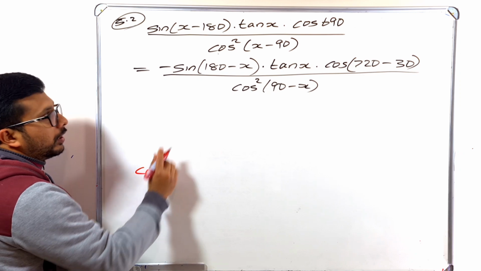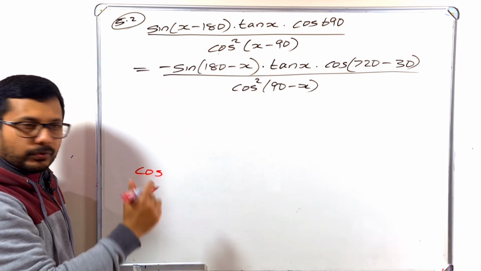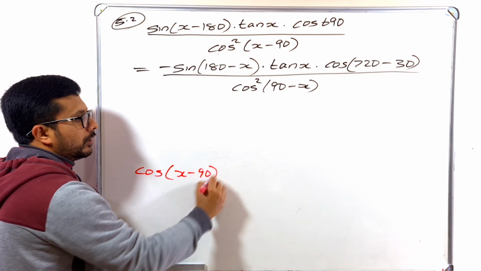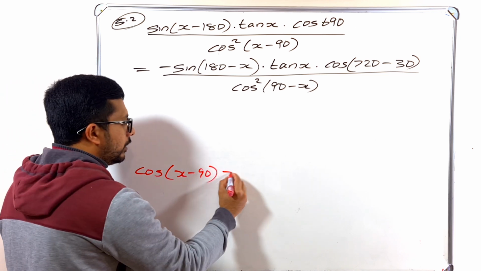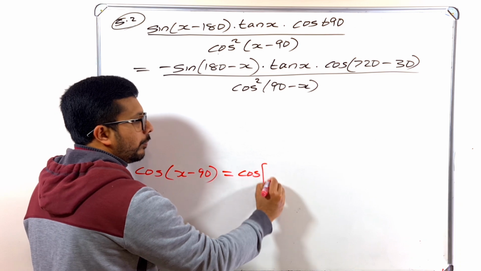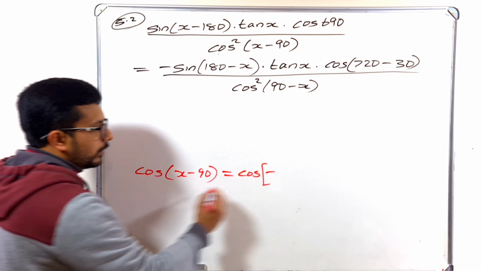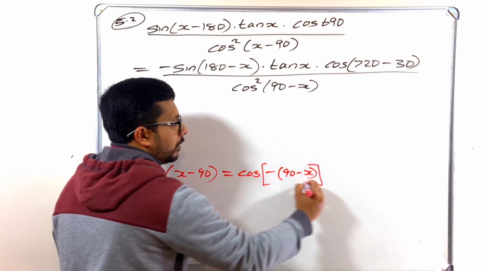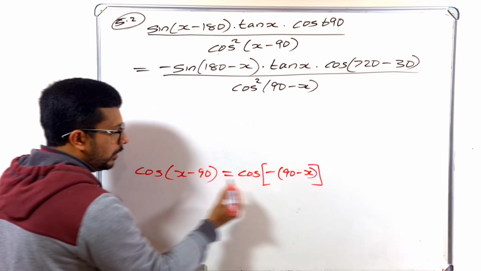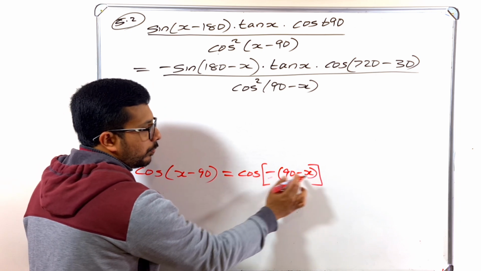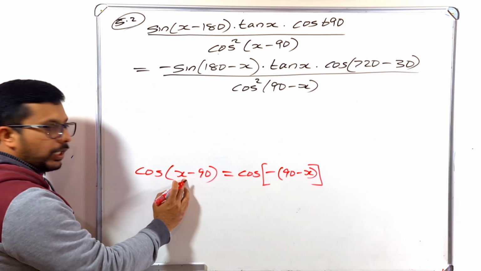Cos of, let's leave that cos square for a while. I'm just writing cos of x minus 90. And this is cos of, I'm going to take a minus common factor. Then I can write 90 minus x. Is it correct? Minus into 90, minus 90, minus into minus x, minus into minus is positive x.